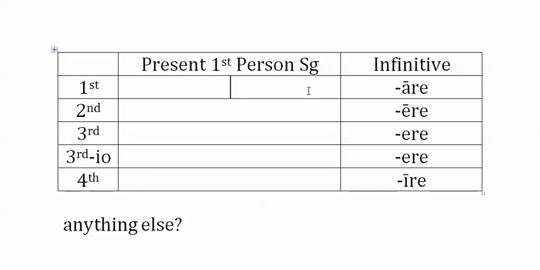Sometimes, however, you also should check the first principal part. Generally, these almost always end in the letter O. But sometimes there's another letter in front of the O that will either help you identify or help you confirm the conjugation of the verb. For first conjugation and third conjugation, there really isn't anything in particular that you need to see.